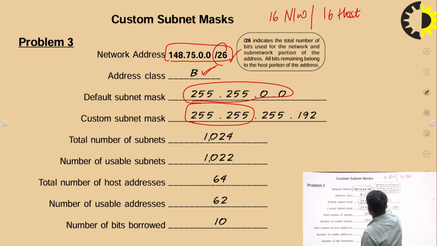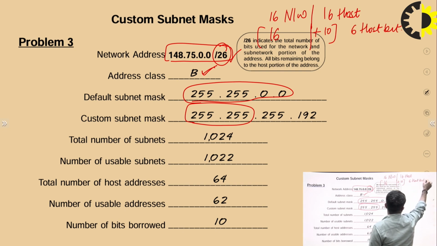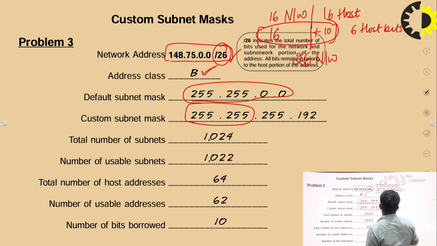But /26 means 16 plus 10 from here, and we are left with 6 host bits. So 16 plus 10 again means 26 network bits. Okay, so this /26 means this.